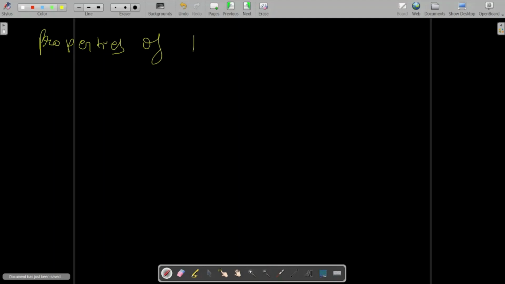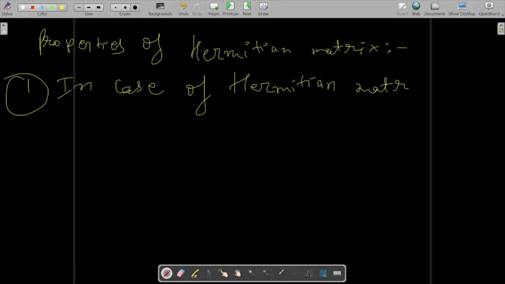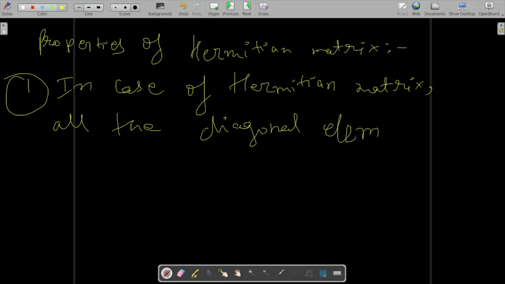In case of a Hermitian matrix, the first property is that all the diagonal elements are real. So diagonal elements must be real.